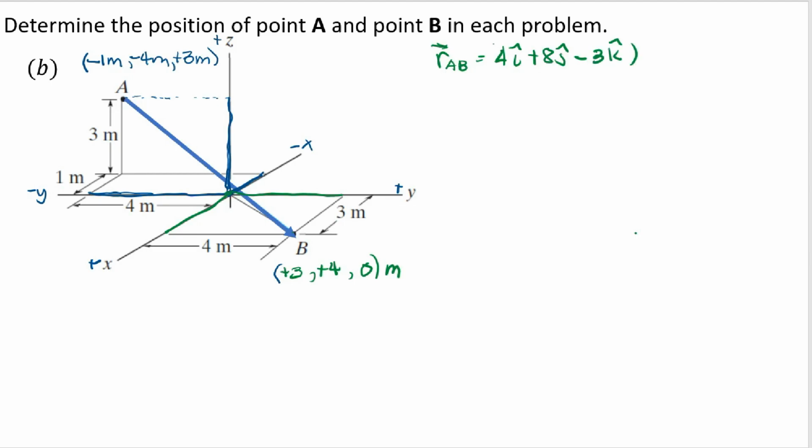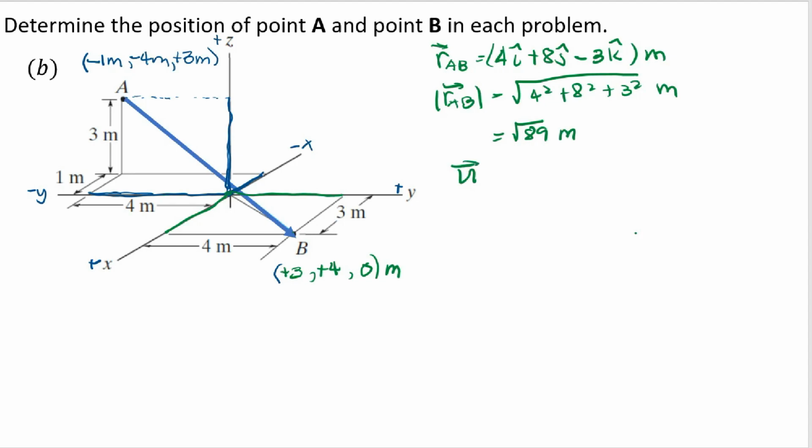And the unit of that is meters. For the magnitude of RAB, that will be the square root of 4 squared plus 8 squared plus 3 squared. No need to write negative since this is squared, and that is meters. The answer is square root of 89 meters.